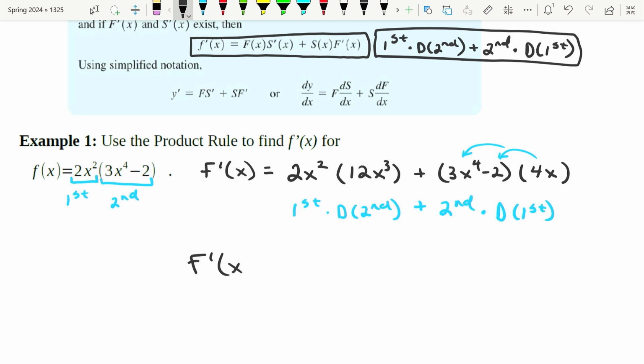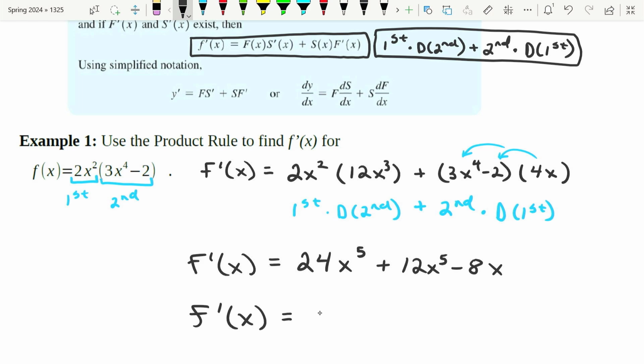So f prime of x, we'll start off by multiplying the 2x squared and 12x to the third to get 24x to the fifth. Distributing the 4x, we would have 12x to the fifth minus 8x. So f prime of x would be equal to 36x to the fifth minus 8x.